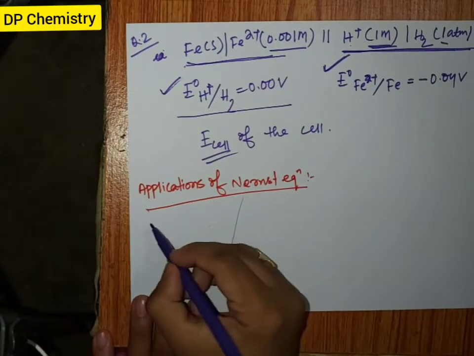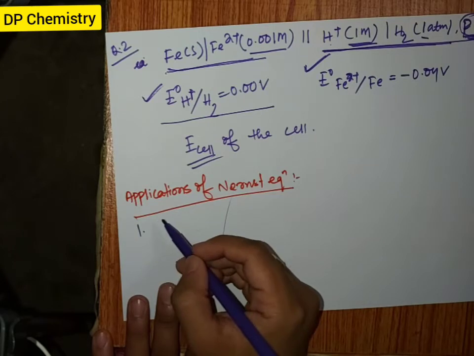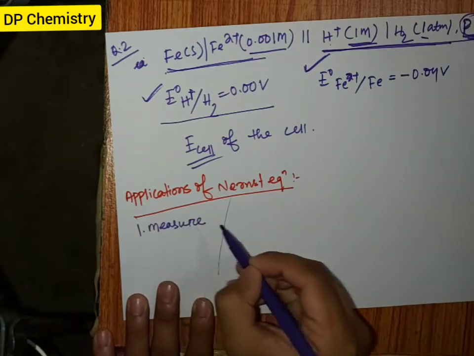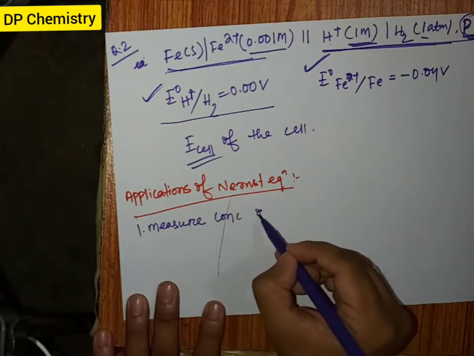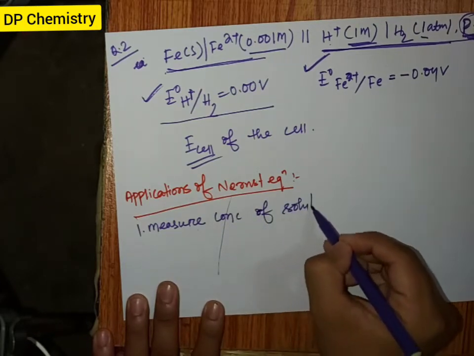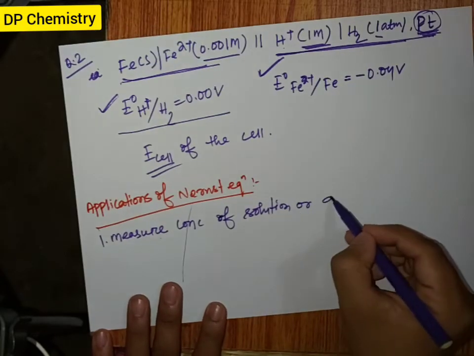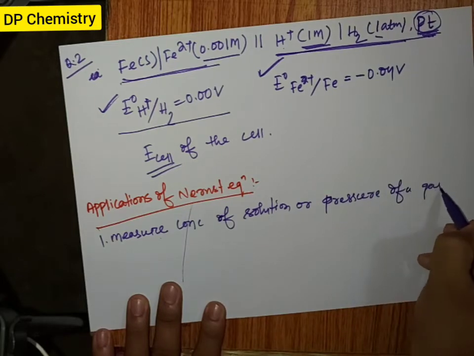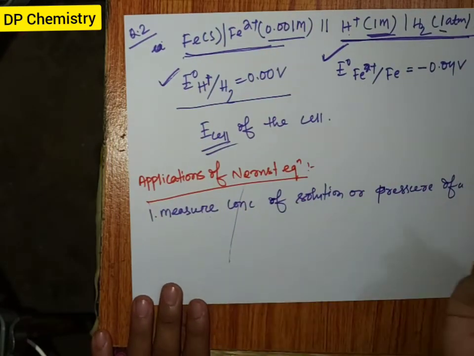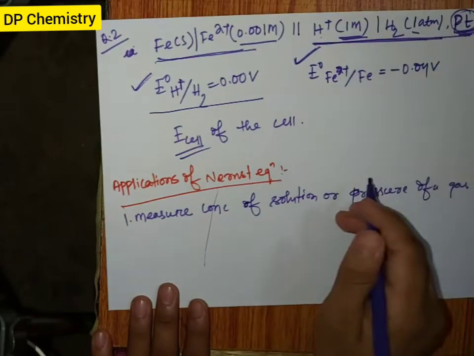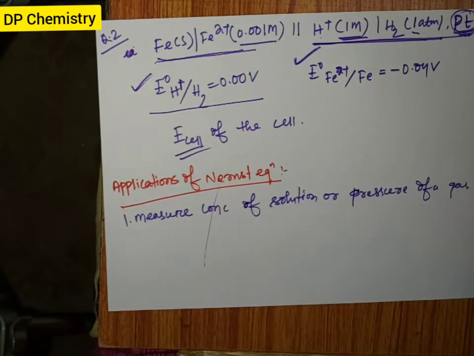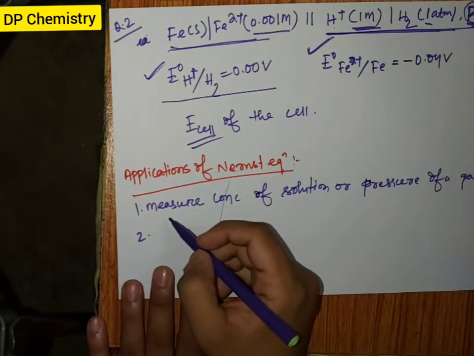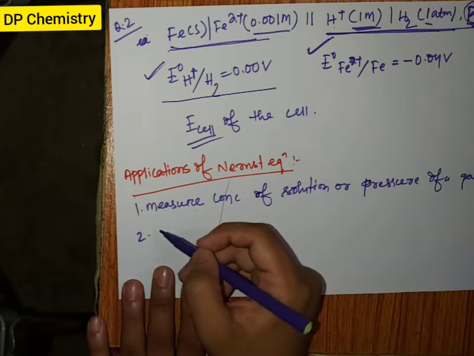The first application is measurement of the concentration of a solution or the pressure of a gas. We can calculate the concentration of any solution or the pressure of a gas by applying the Nernst equation. The second one is that it can be used to measure the pH of a solution.